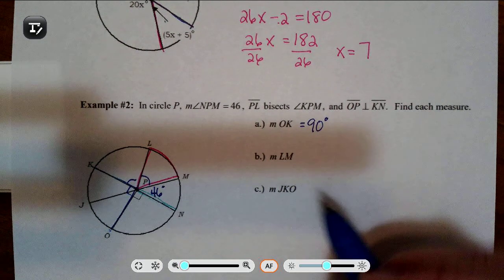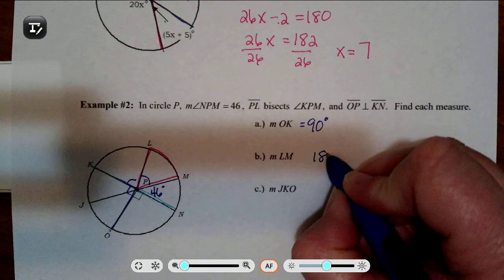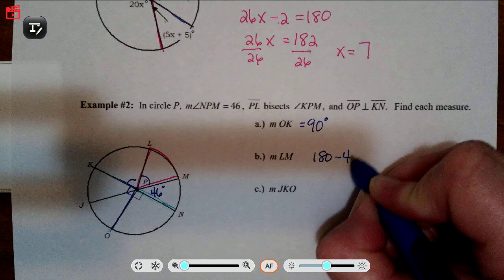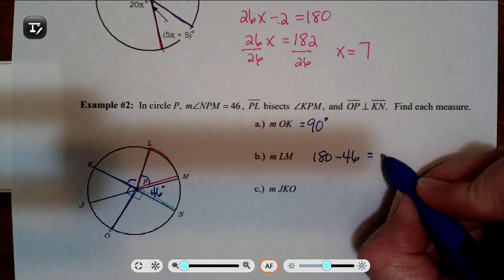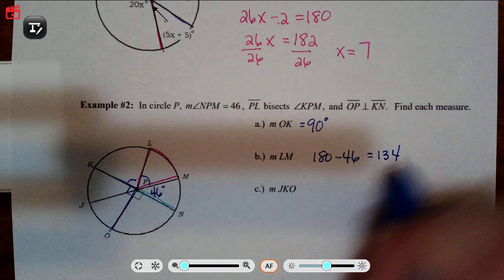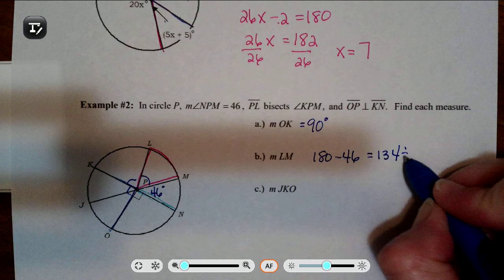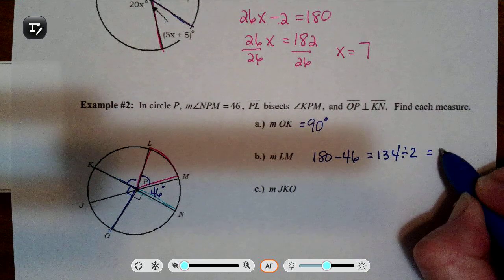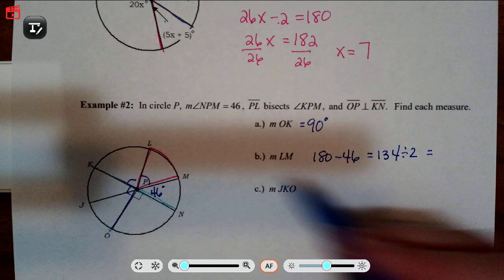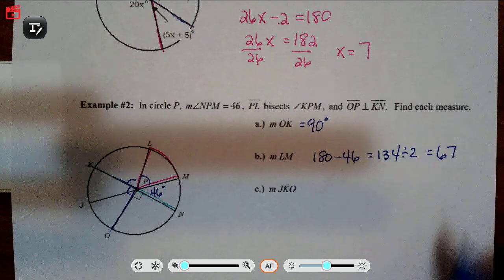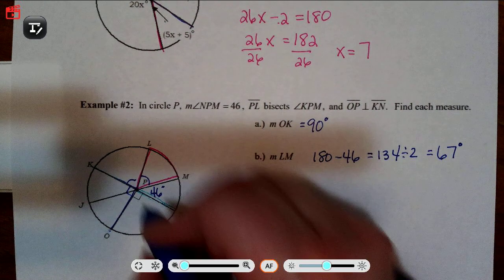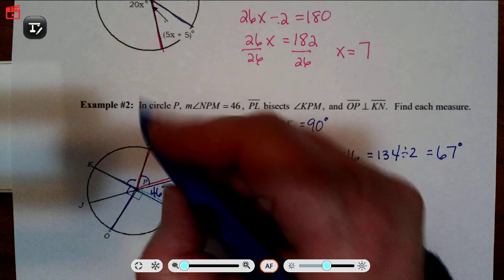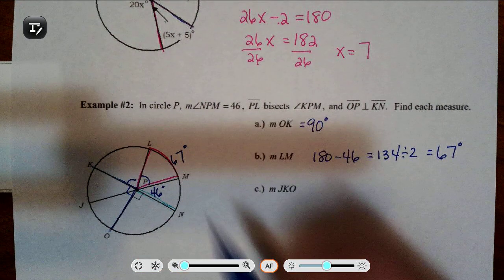So in order to do this, I can take that 180, I can subtract the 46. That's going to give me 134, and I'm going to divide that into two pieces. And so I see that this piece here is going to give me 67 degrees. So this arc, LM, is 67 degrees.